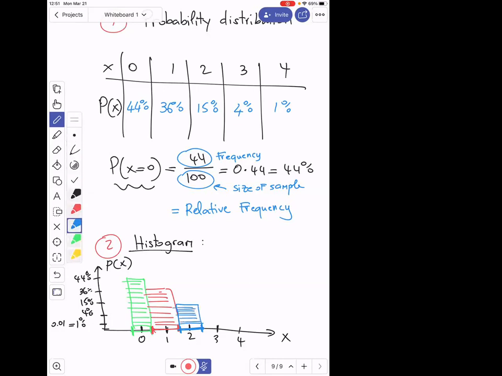Then 4%. And then finally the 1% with x equal to 4. The last one is when x is 4, and the probability of x would be 1%. All right.